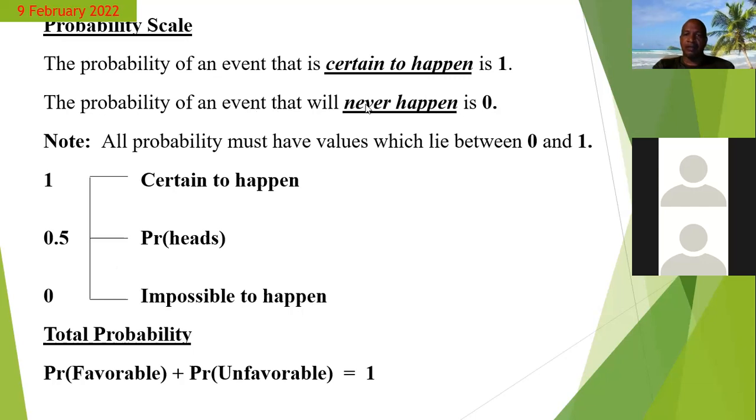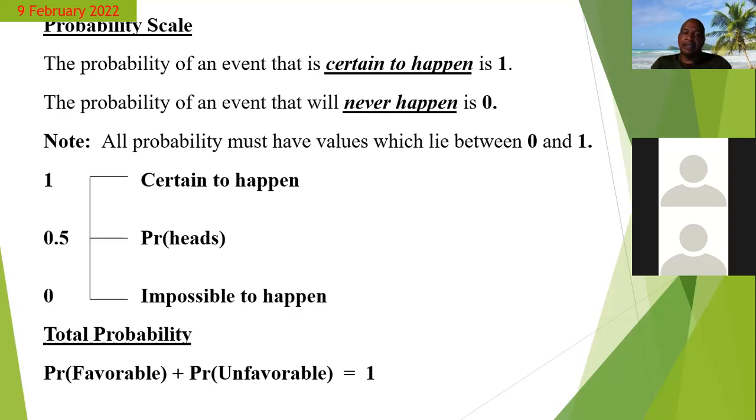The cow jumping over the moon will never happen, so that has a probability of 0. So anything that we can bet our life on, and we know that it's going to happen, we say that it is certain and the probability is 1. Anything that will never happen, we say that it is uncertain and it has a probability of 0.